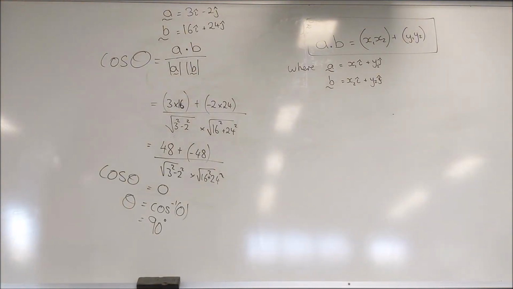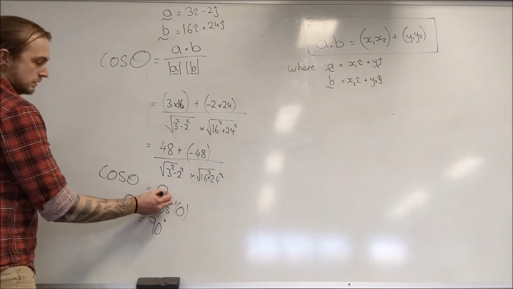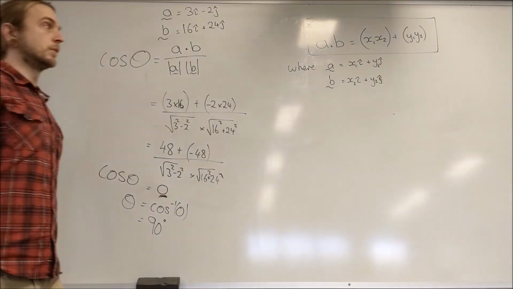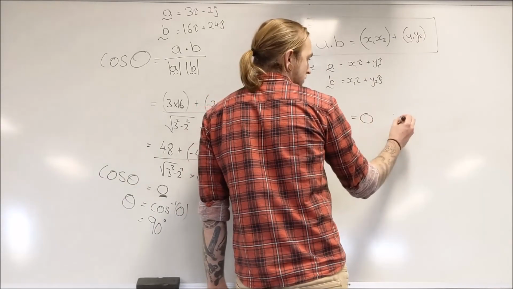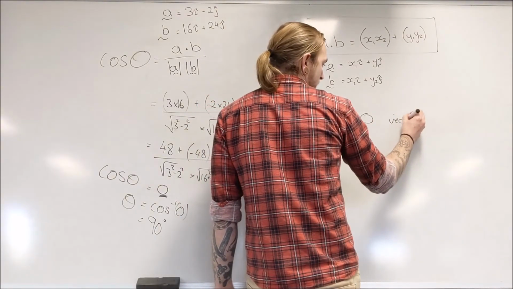So what could we say about these two vectors? They're perpendicular. How could we have also worked that out without even having to calculate that final angle? There's a little rule back in the day that says if you have a dot product that equals 0, vectors are perpendicular.